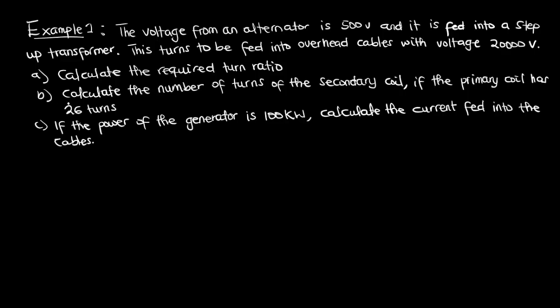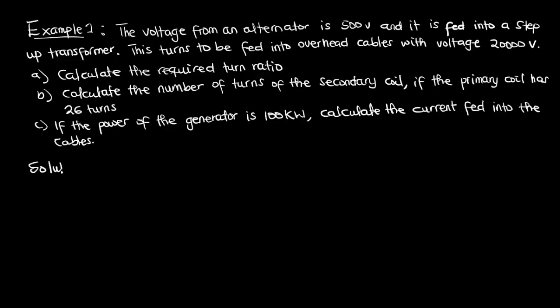B, we are to calculate the number of turns of the secondary coil if the primary coil has 26 turns, and then C, if the power of the generator is 100 kilowatts, we have to calculate the current fed into the cables. Now this is fairly simple.